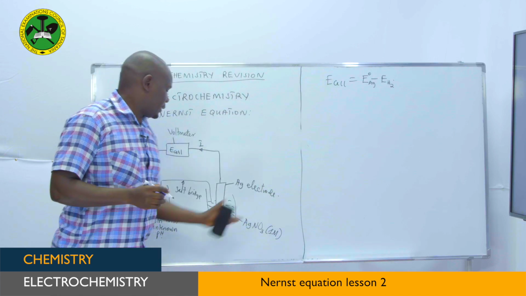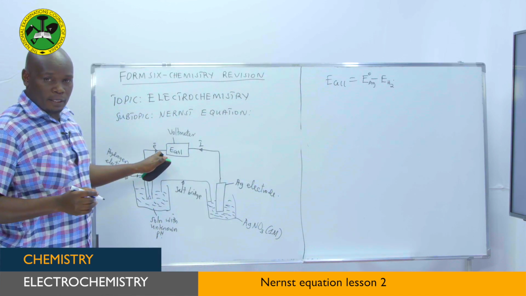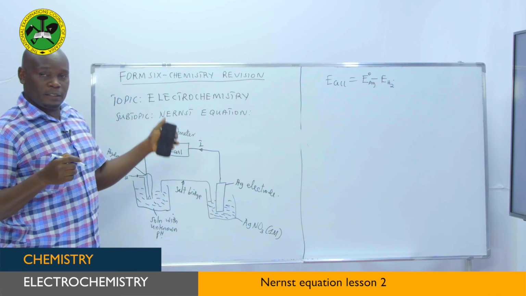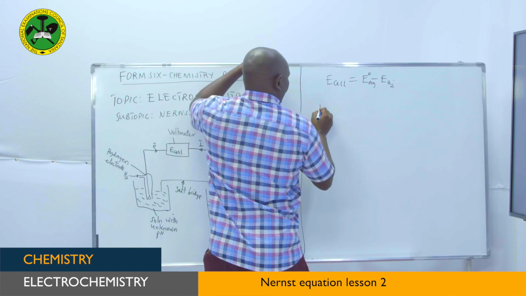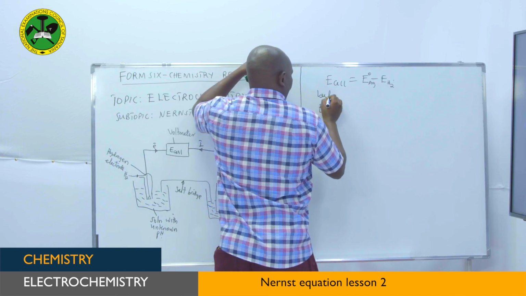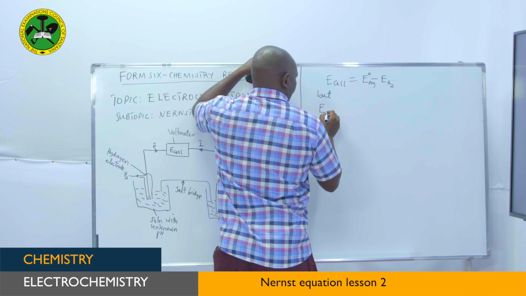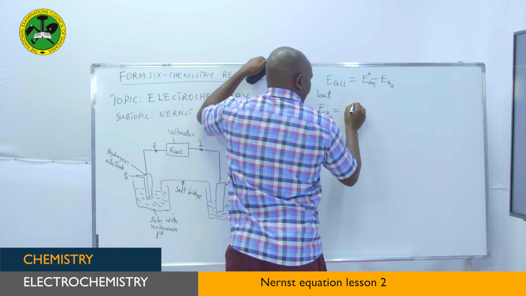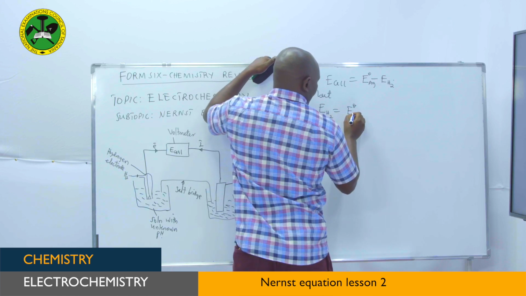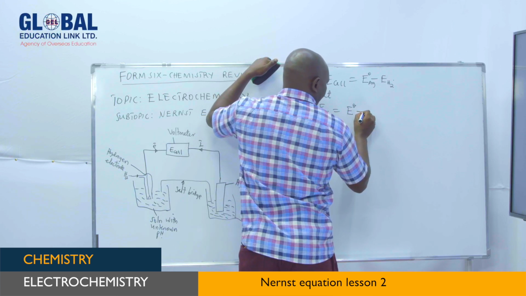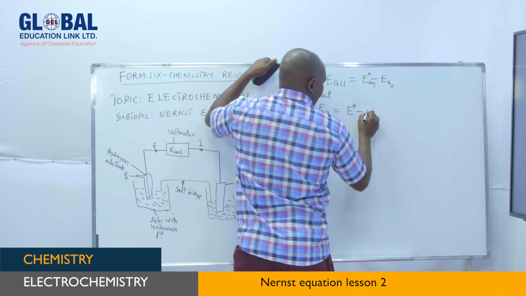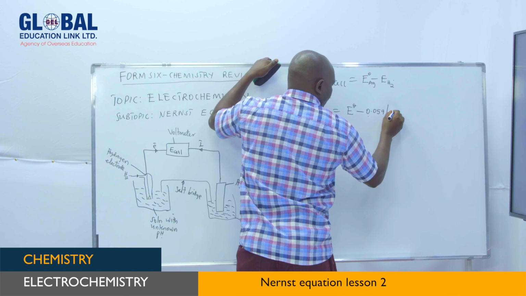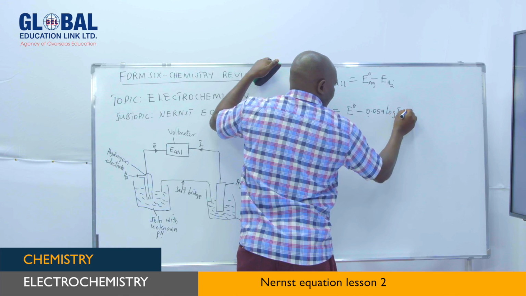If we recall the Nernst equation, the E of hydrogen is determined by taking the standard electrode potential of hydrogen minus 0.059 log of concentration of hydrogen ions.